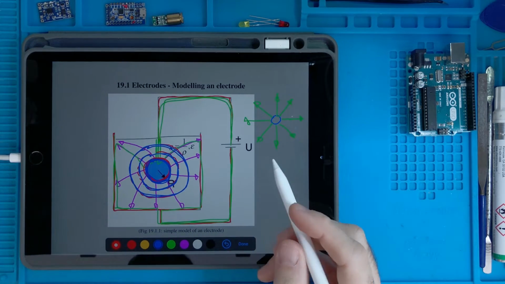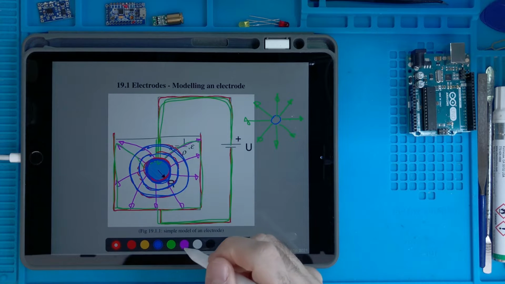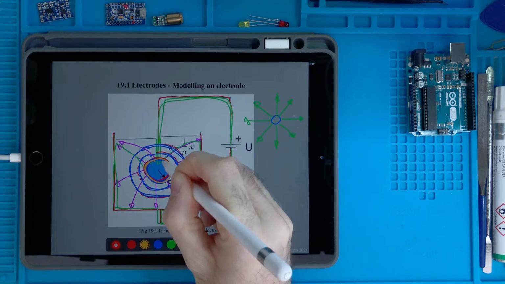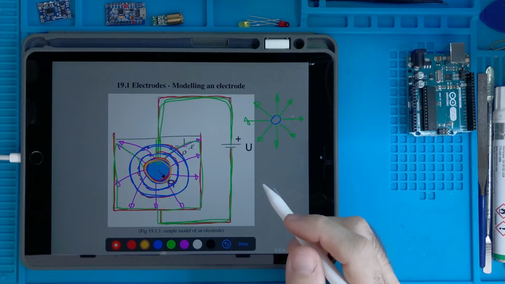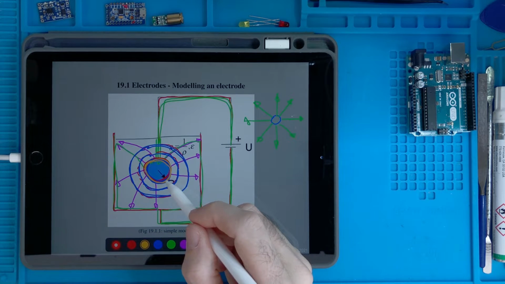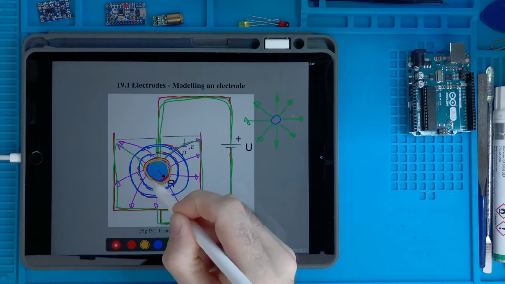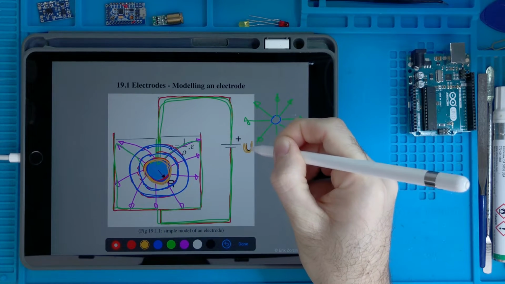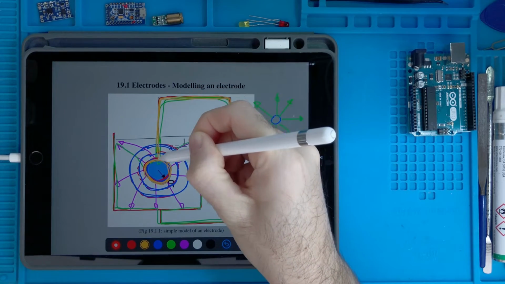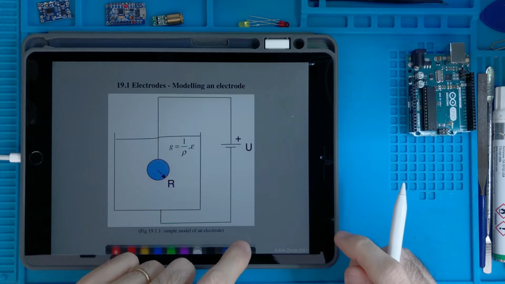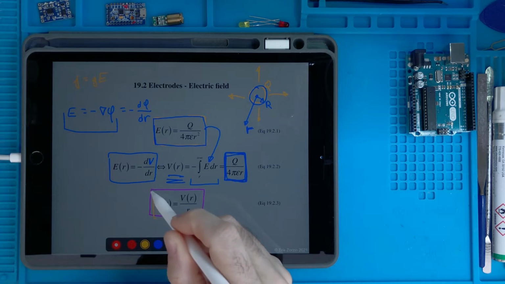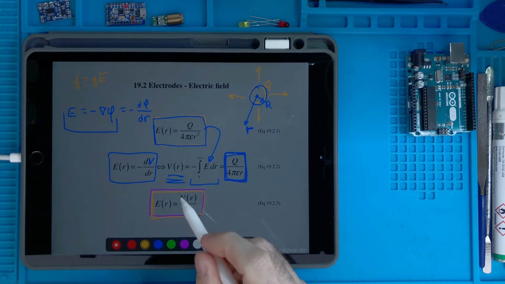So we can choose to calculate that current exiting out of, for instance, this surface here, exactly the one in contact with the sphere of radius r, because we know the voltage of this thing, which is U. It's connected with a wire to a battery. So we take advantage of this knowledge we have, and in place of E we will put V over R.